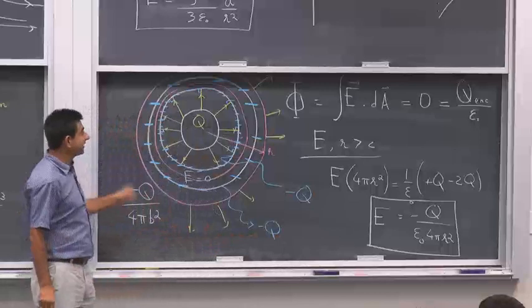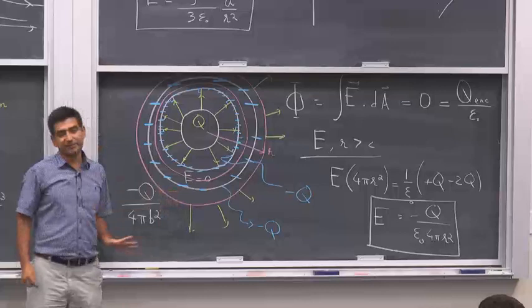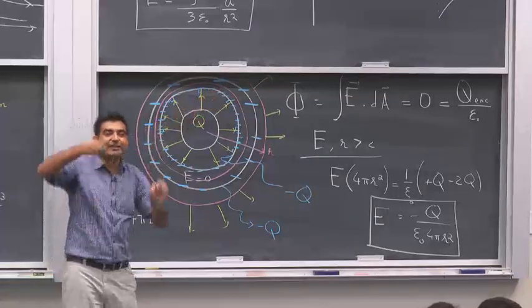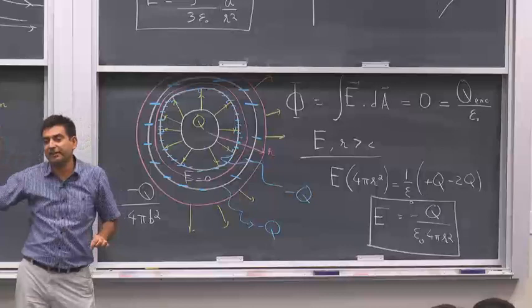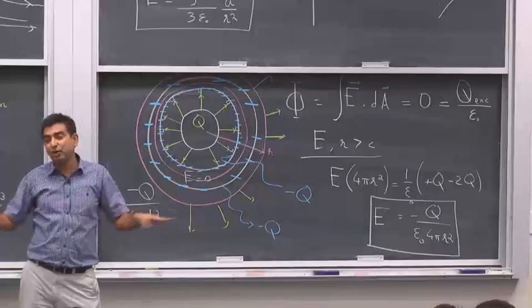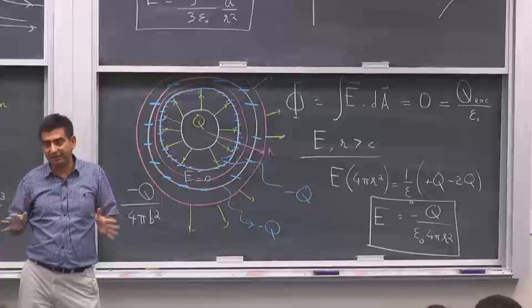Even though the charge density on the outer surface will be smaller because the radius is larger. So this is a plot of the electric field, and you can see discontinuities, and these discontinuities appear whenever there is a sheet or a surface of charge that comes in the middle.